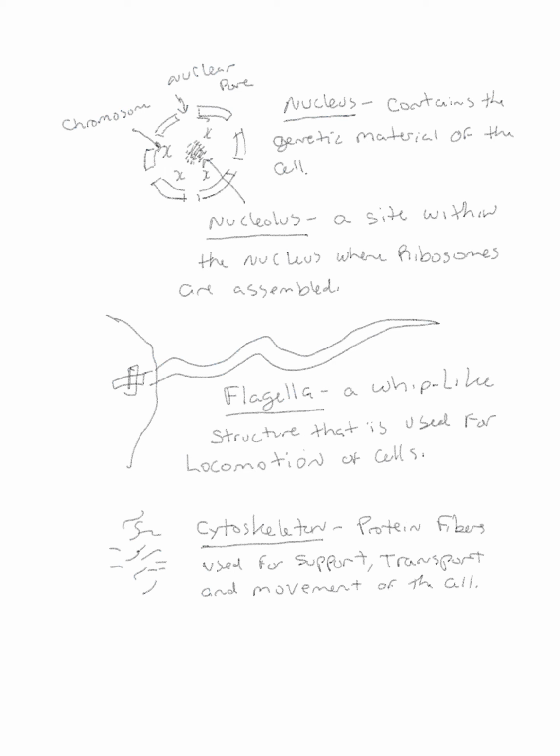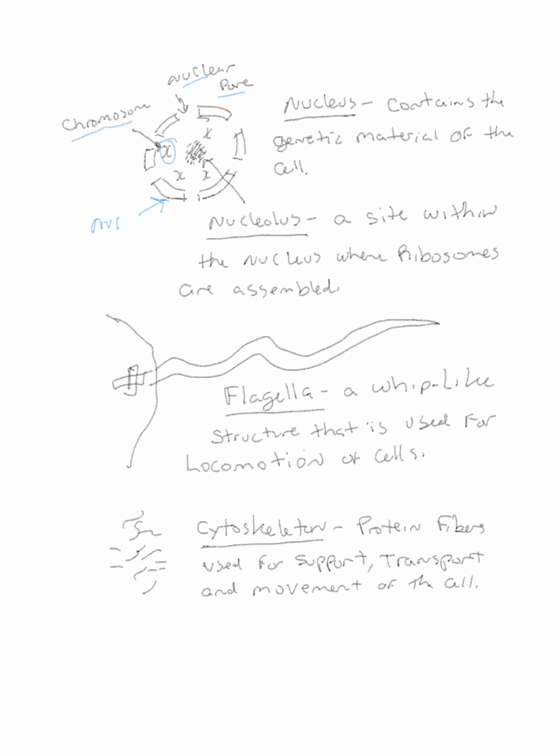Now the nucleus. Up here in the upper left-hand side, I drew the nucleus. There's a nuclear envelope that surrounds it. So this is the nuclear envelope. And in that nuclear envelope, you'll see spaces. Those are called the nuclear pores. And within the nucleus, you'll see these chromosomes. Chromosomes are only visible during cell reproduction, so during mitosis.